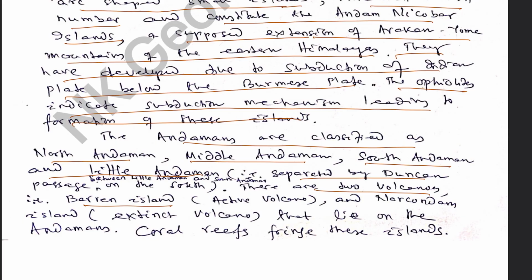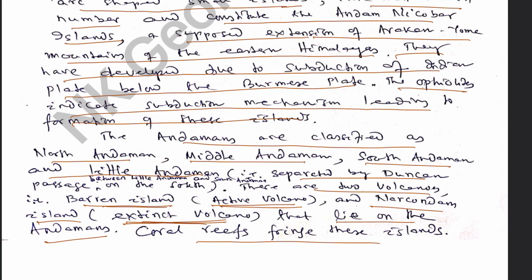They are Barren Island, which is active volcano, and the Narcondam Island, which is the extinct volcano. Narcondam is the extinct volcano. Barren Island is the active volcano. So these are the 2 volcanic islands which are found in Indian landmass, and they lie in the Andamans only.